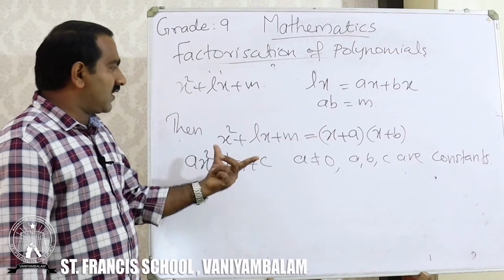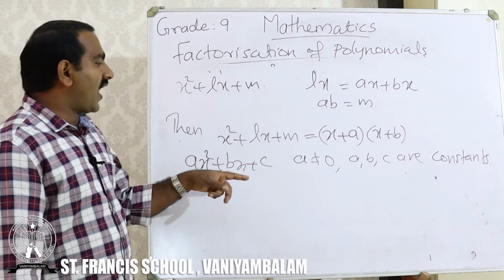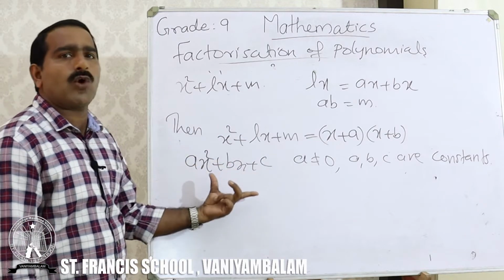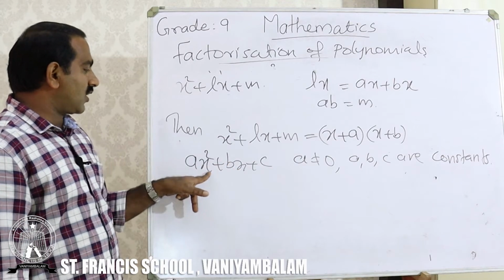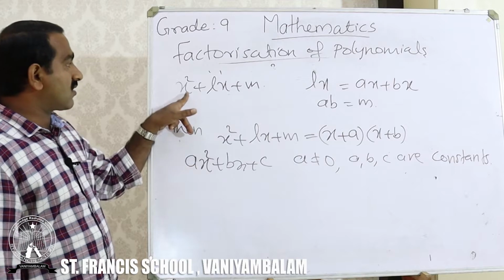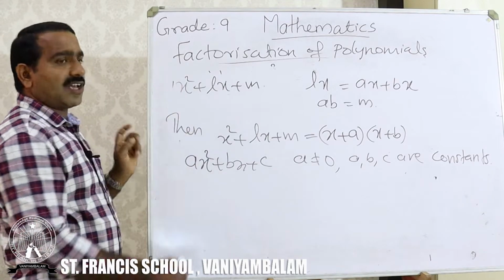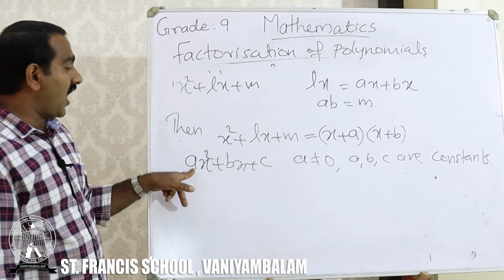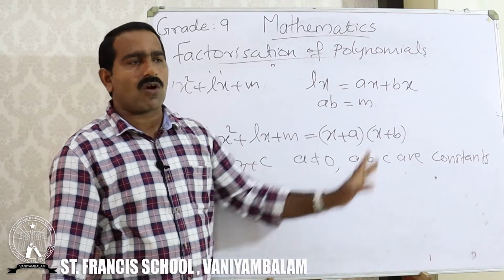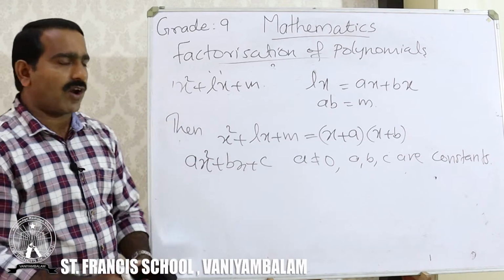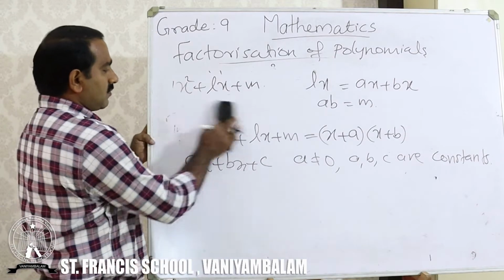Now in 9th standard, here x square has a coefficient 1, but in ax square plus bx plus c, x square has a coefficient a. Such examples we are going to see, how to factorize these polynomials.